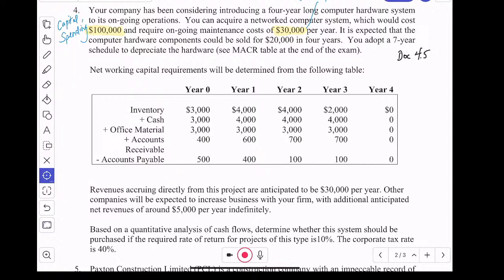It is expected that the computer hardware components could be sold for $20,000 in 4 years. What do we call that?